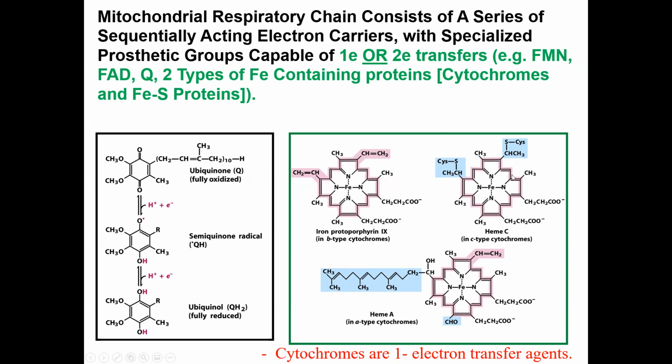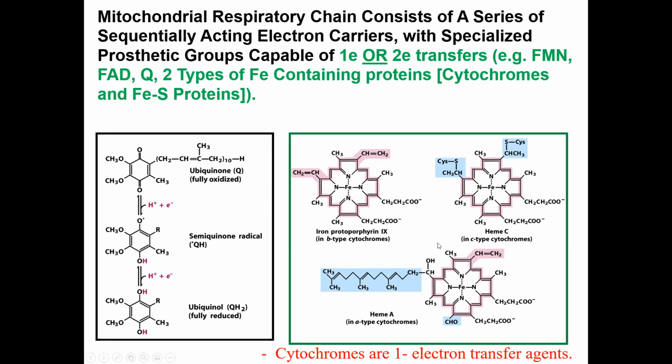Heme C, which is found in C-type cytochrome, right? You can see that heme C is covalently bound to the protein of cytochrome C through these 2 thioether bonds. And those thioether bonds come from the 2 cysteine residues of the protein itself. So that would be C-type cytochromes. That's how heme is found in those.